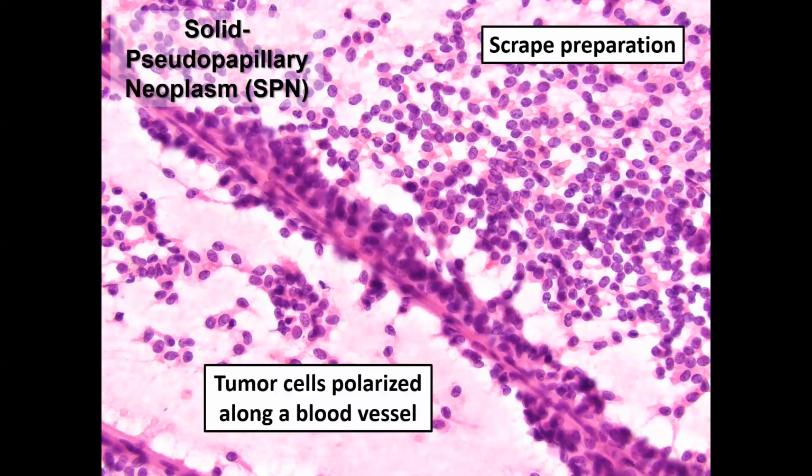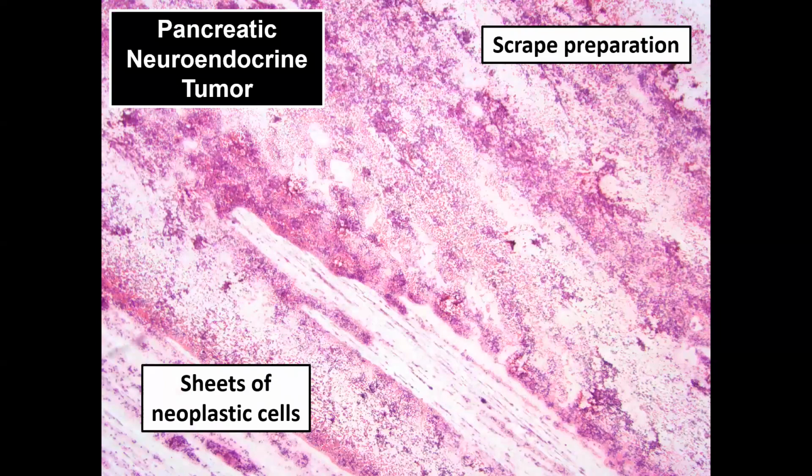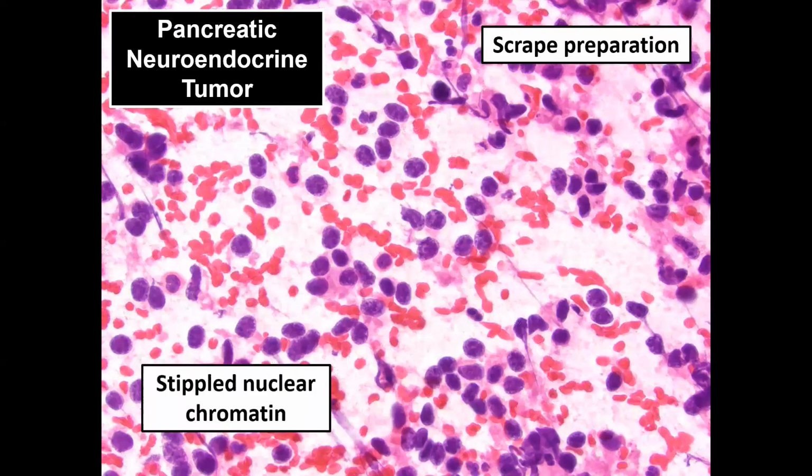In addition, many of the neoplastic cells are free-floating, discohesive, and plasmacytoid in appearance. This contrasts with neuroendocrine neoplasms, which show sheets of neoplastic cells rather than papillary configurations, with stippled or salt and pepper nuclei. But they too have a plasmacytoid appearance, so cytologic findings alone may be insufficient to separate these two entities.